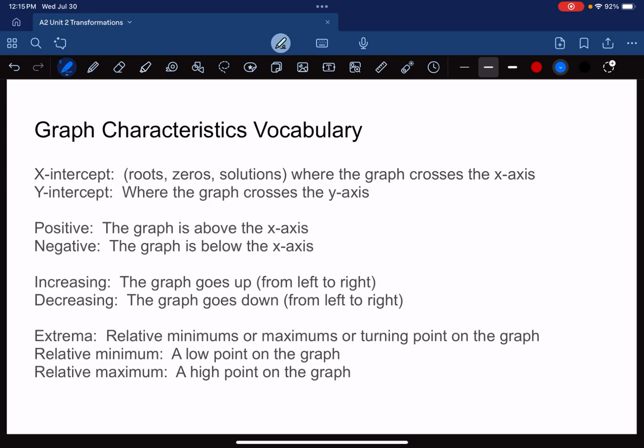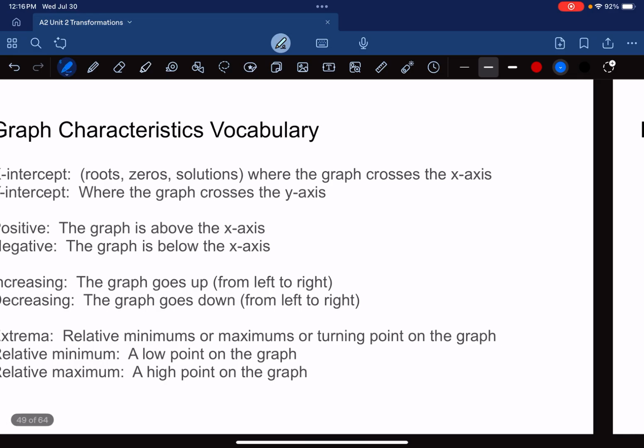And those are the relative minimums or maximums, just being the ones in the middle. Okay, so a relative minimum is a low point on the graph, and a relative maximum is a high point on the graph. And again, that's referring to the extrema in the middle, not the ends. Okay, so as you see graphs, you'll start to understand that a little better.